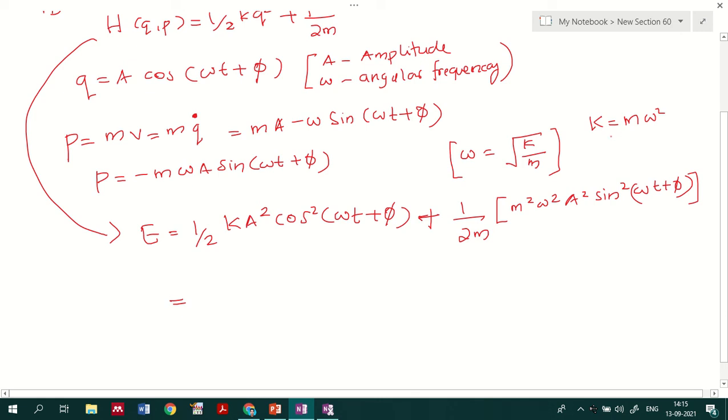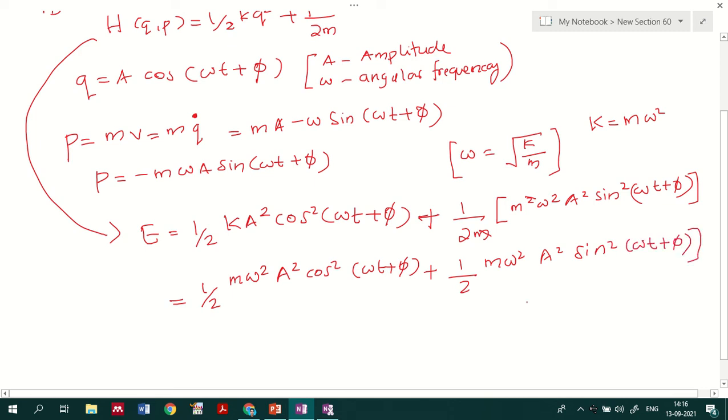Substituting, we get half m omega square a square cos square(omega t plus phi) plus 1 by 2m into m square, where the m square and this m get cancelled, giving half m omega square a square sin square(omega t plus phi).